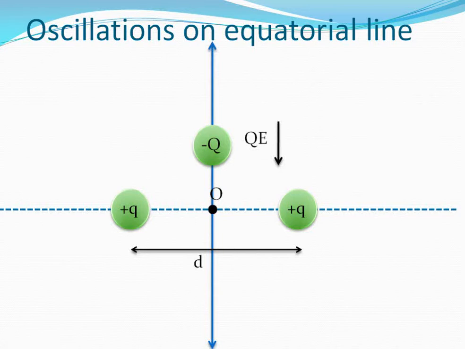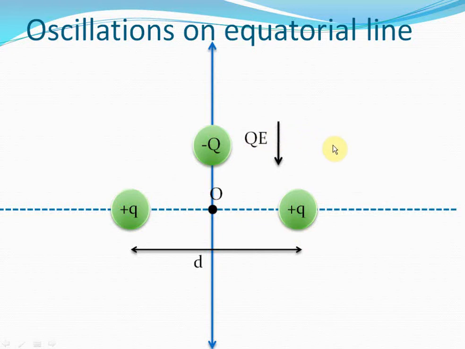Remember, we just calculated that the electric field on the equator because of two positive identical charges is only along the y-axis. The x components, E cos theta, cancel each other and the field is 2E sin theta, remember? So the net force that acts on this minus Q charge will be QE in the negative y direction. Correct? After all, it's a negative charge and both these positive charges will attract it, and the net force will be QE in the downward direction.